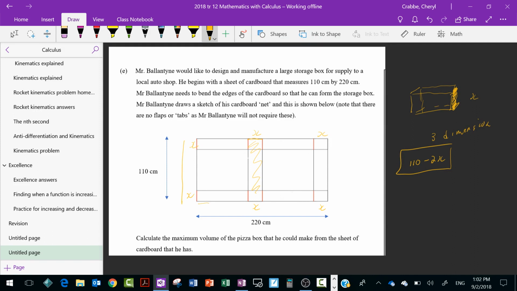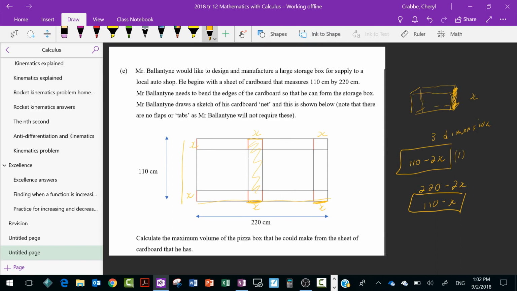The other dimension is the 220, and we've got this fold and this fold, right? So basically it's going to be 220 minus 2x, which will reduce to 110 minus x. So that's another dimension. And it doesn't matter which side you want to call these.